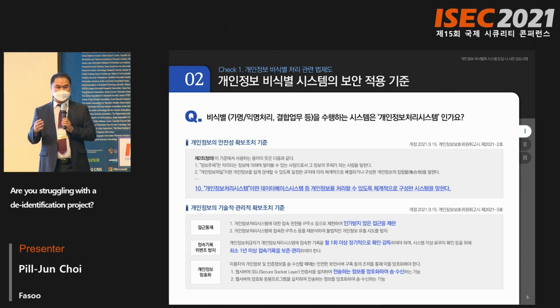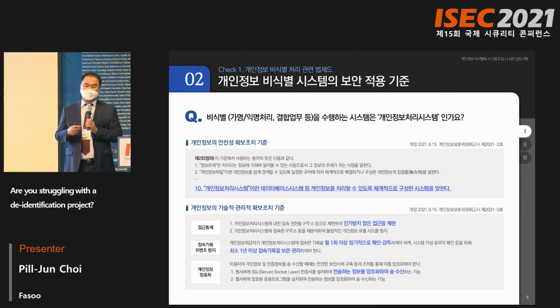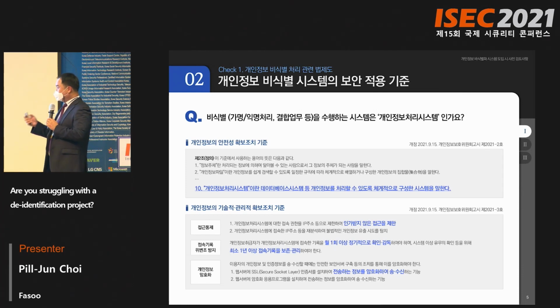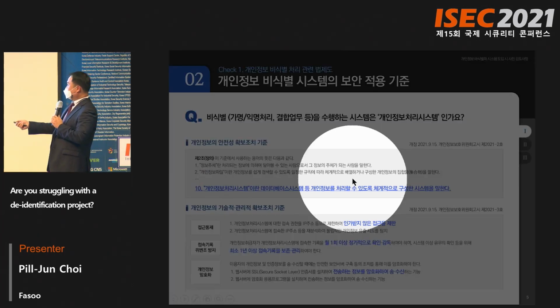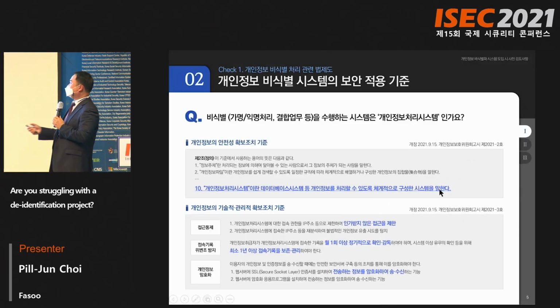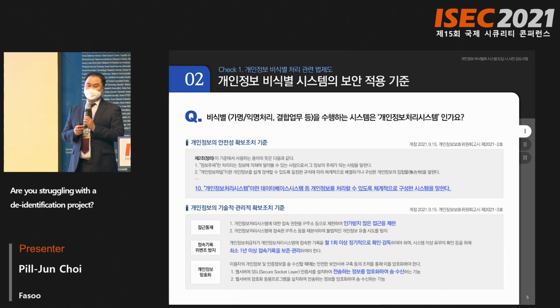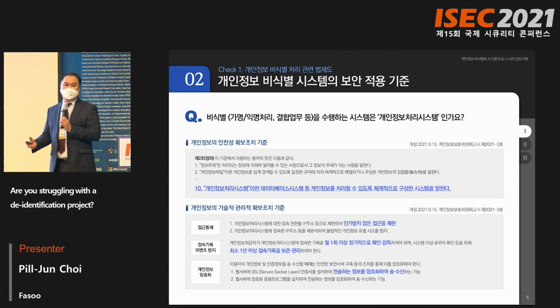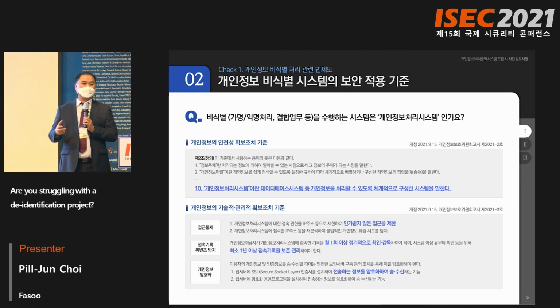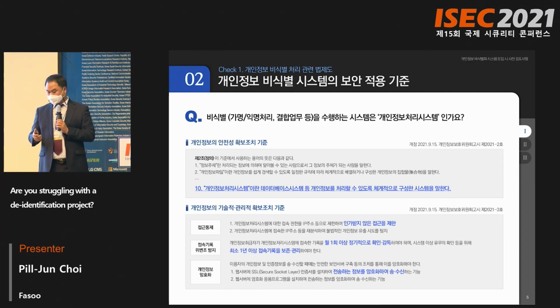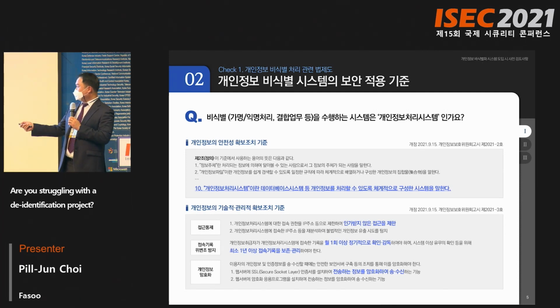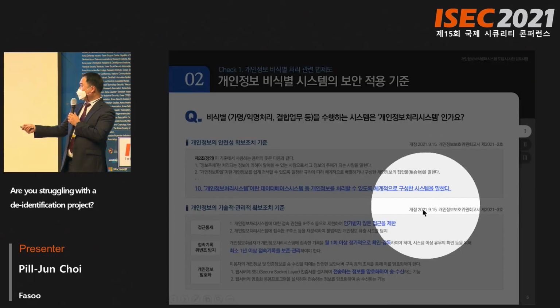According to the Personal Information Protection Commission notice, Article 2 says a Personal Information Processing System is a system that aims to systematically process personal information, including a database system. So technical and managerial measures need to be taken to protect the personal information.